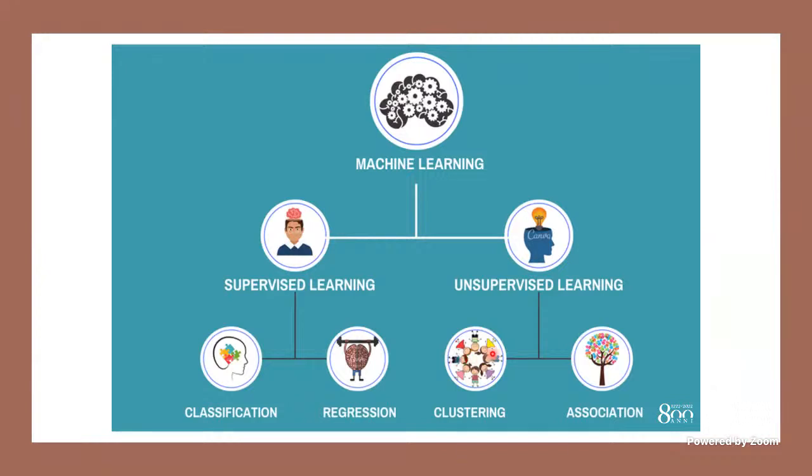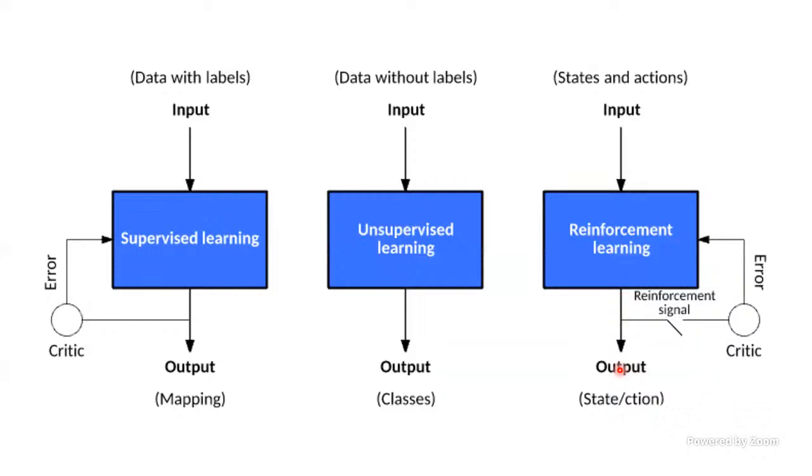Clustering is when you put data into bubbles and you see that this is type A and this is type B, for example. And association is when you associate pictures with different properties and different variables.